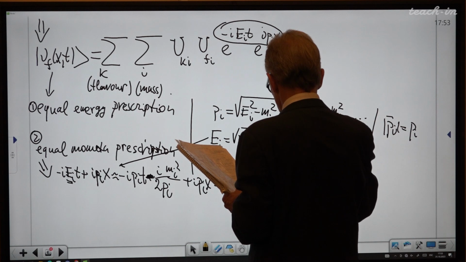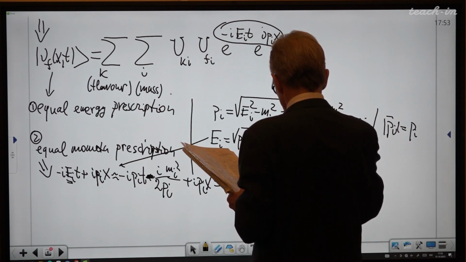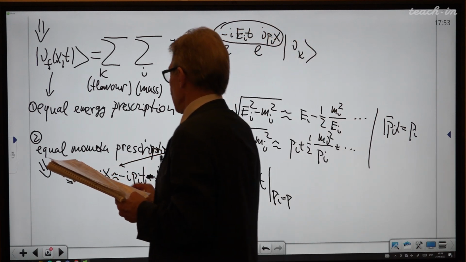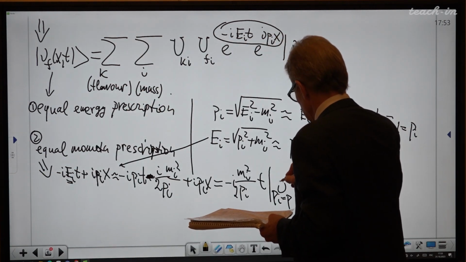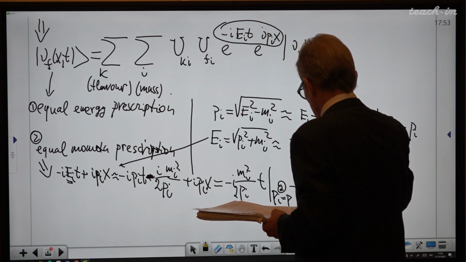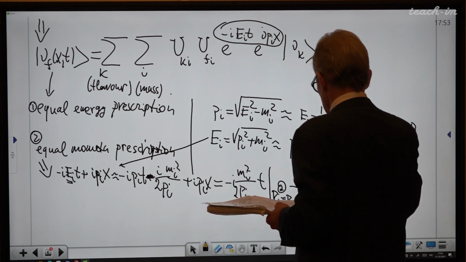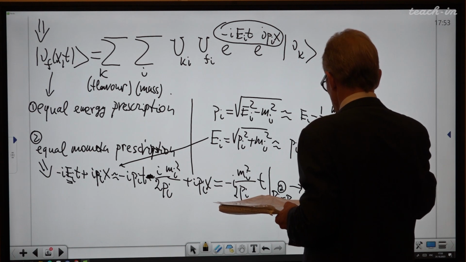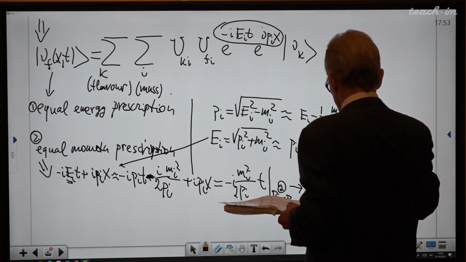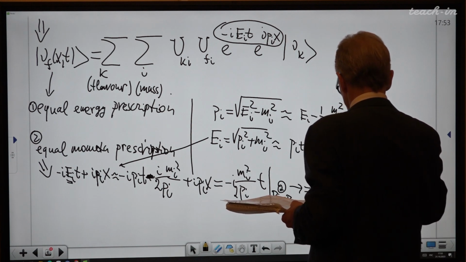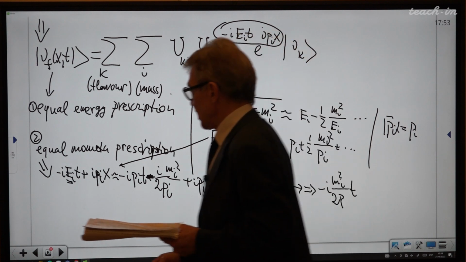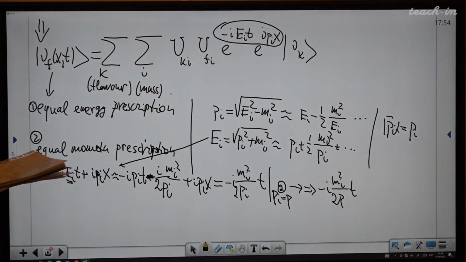If we consider the equal momentum prescription, then we get minus i m_i squared divided by 2 times the modulus of momentum multiplied by t. This is the realization of the equal momenta prescription.